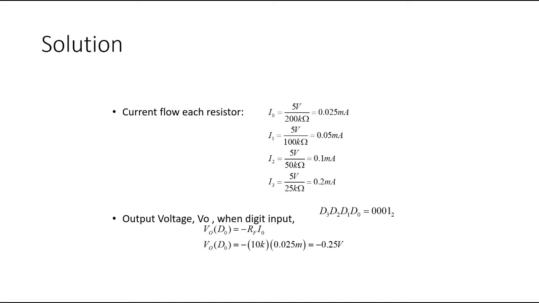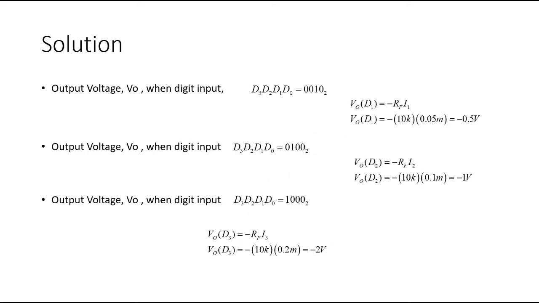And then for the output voltage V out, V out equals minus RF times I out. V out for D0 equals minus RF multiplied by 0.25, equal to minus 0.25. And then the output voltage when the digital input is 0010, we also use the same equation, so we will get minus 0.5.